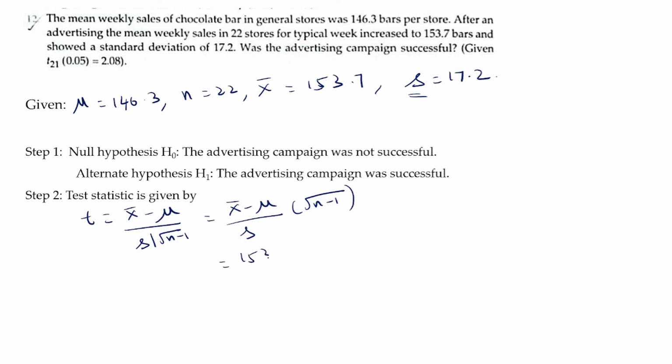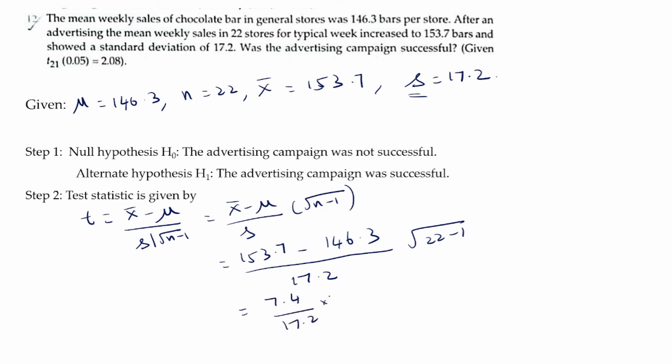So here x bar is 153.7 minus mu is 146.3 upon s is 17.2 into root of 22 minus 1. So this is equal to 7.4 upon 17.2 into root 21, which is 4.58. Now when we simplify, we get 1.97.